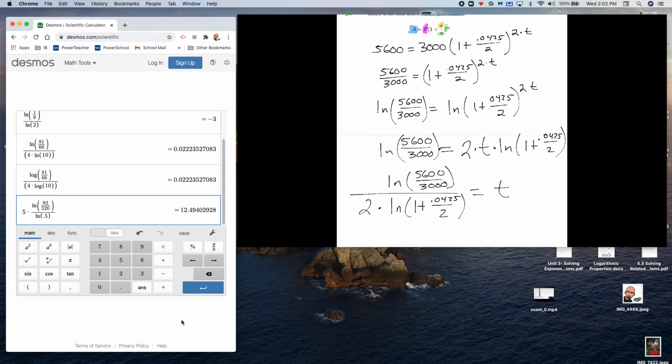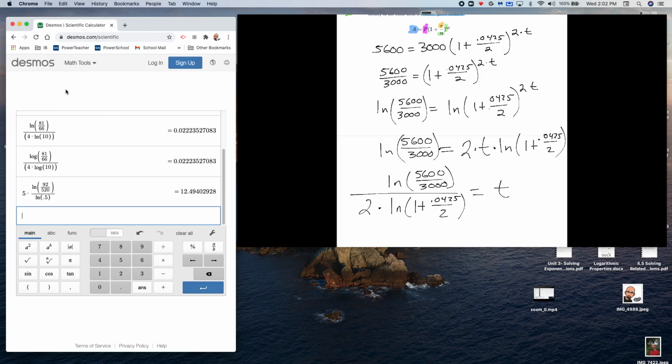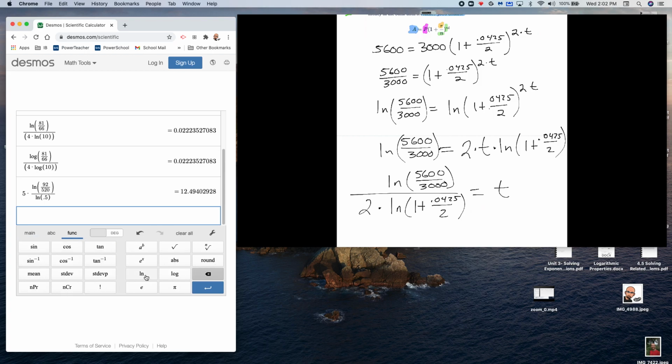Now I'm going to use the calculator over here. So I'm going to do the natural log.